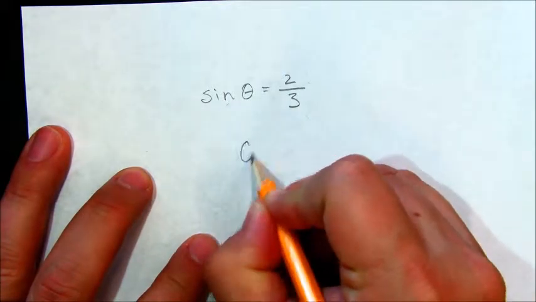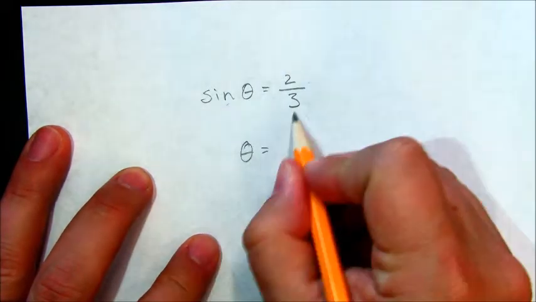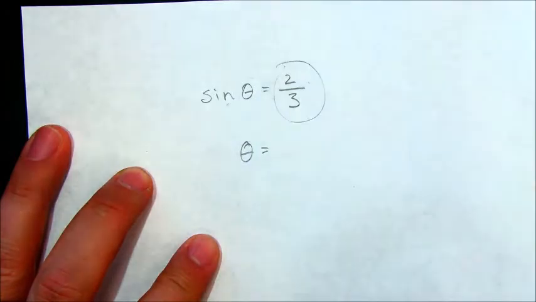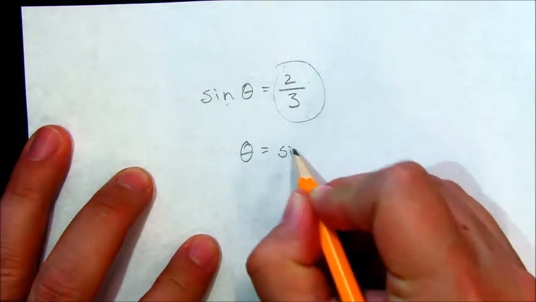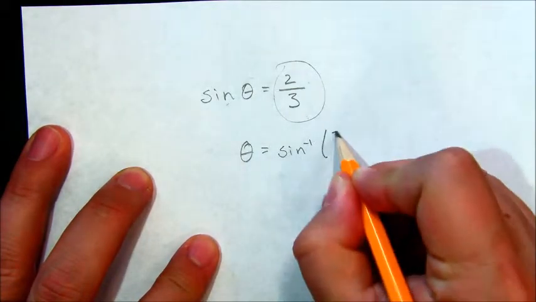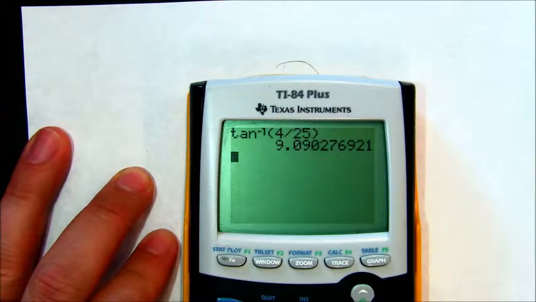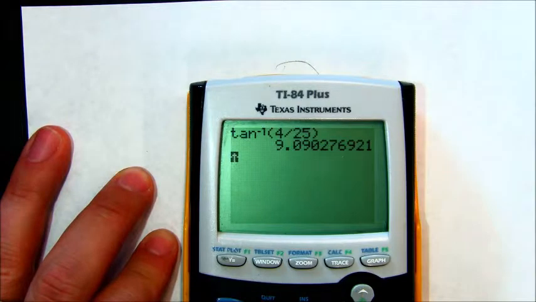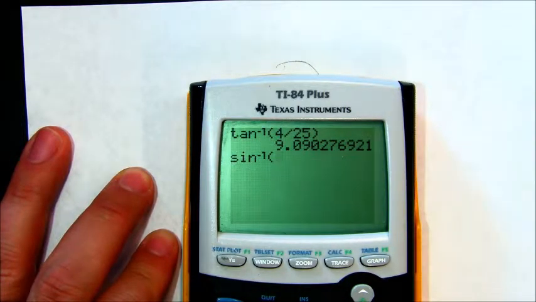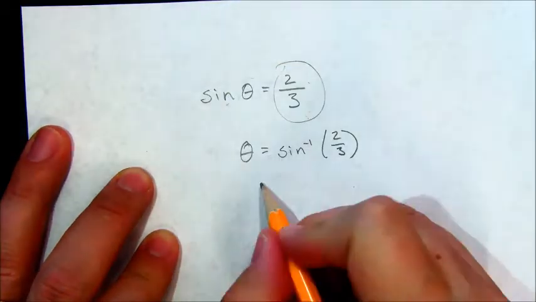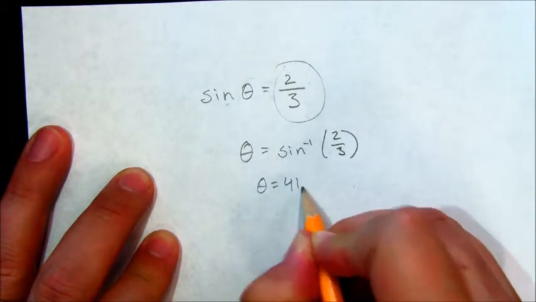So I apply my inverse function to the ratio: sine negative 1 of 2 over 3. On my calculator, I do second sine, that's what brings up sine negative 1, or inverse sine. 2 divided by 3, close my parentheses, enter, and I get 41.8 degrees. So theta is 41.8 degrees.